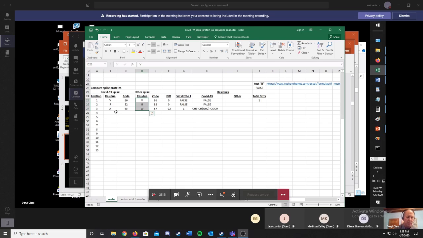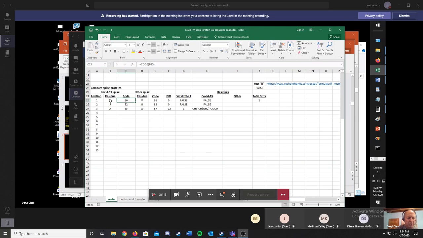Like each letter has a certain number associated with it. A happens to be 65. R is 82. So how we do that is we make a column here and label it code. And in this cell, C25, we ask for it to display the code for cell B25.